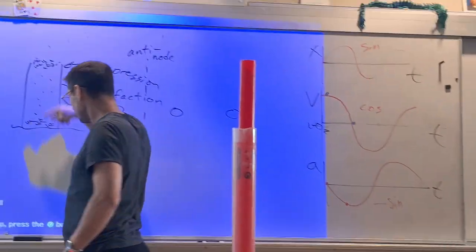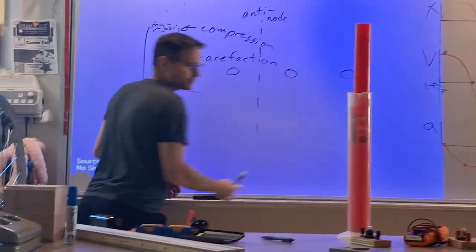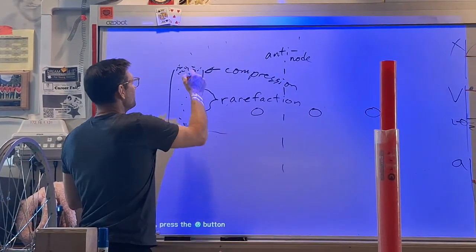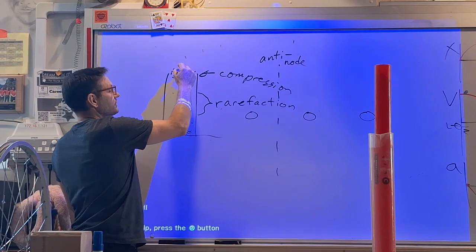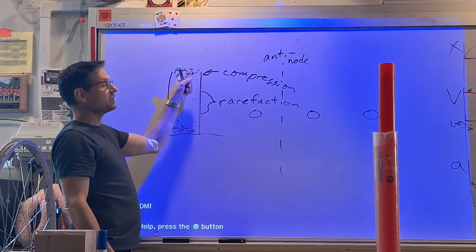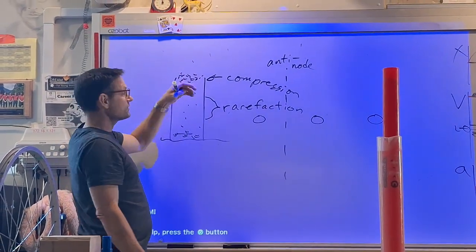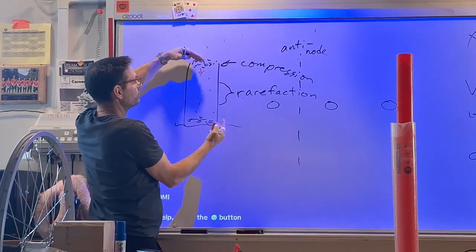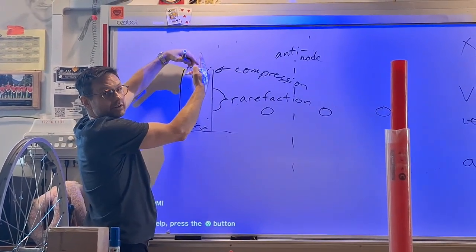To get a harmonic, you need to have constructive interference here. So you have to have a compression that's moving down meet a compression that's moving up.